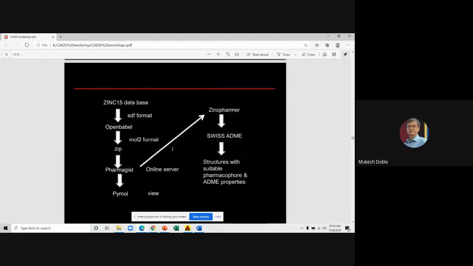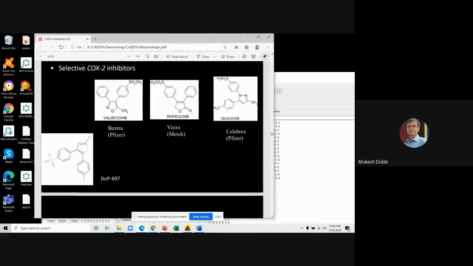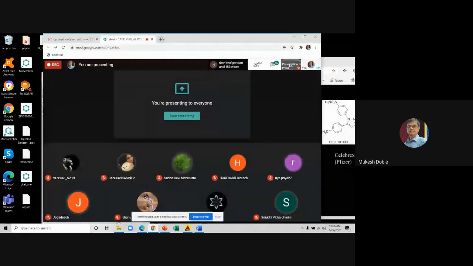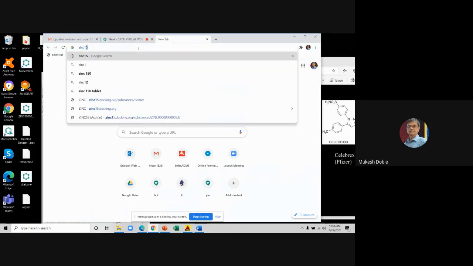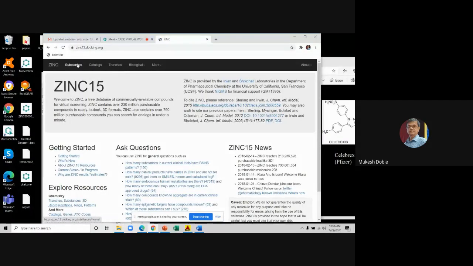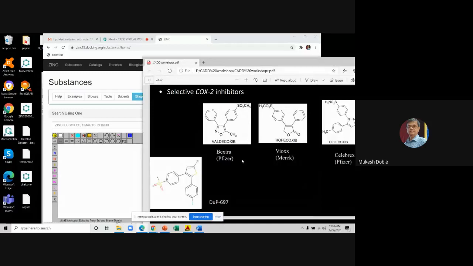Now we will start running that one by one. We can get the structures of these molecules in SDF format from the Zinc database, so we'll search valdecoxib.